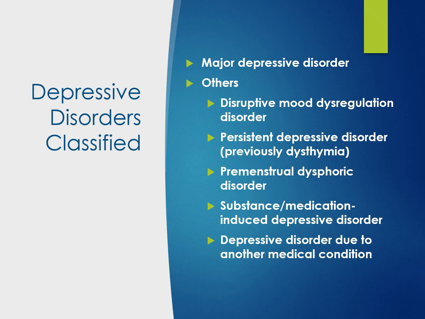Persistent depressive disorder, or dysthymia, a chronic low-level depression that lasts years. Premenstrual dysphoric disorder, severe depression symptoms related to the menstrual cycle. Substance-induced depression, caused by drugs, alcohol, and medications. And then depression from medical conditions, where certain illnesses can cause depressive symptoms.